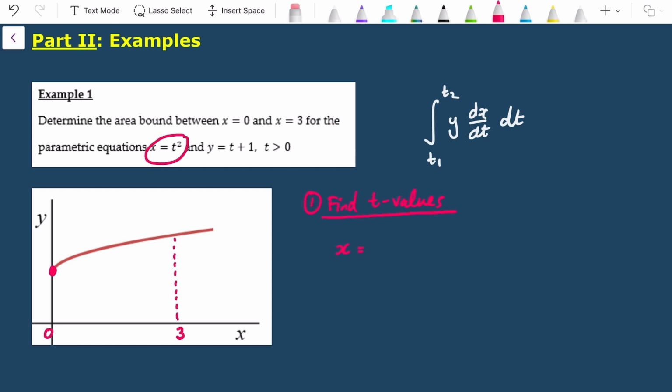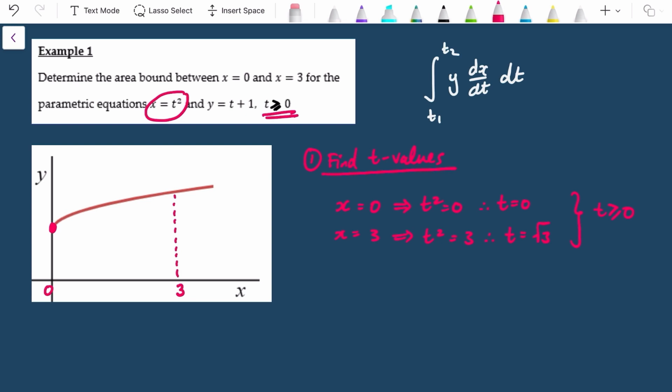So when x is equal to 0, then I have that t squared is equal to 0, and therefore t must be equal to 0. And when x is equal to 3, I have that t squared is equal to 3, and therefore t must be equal to root 3. I also always need to check my domain, and I notice that t must be greater than 0. And I suppose in this instance, because I am working with that exact point there, this should be t greater than or equal to 0.